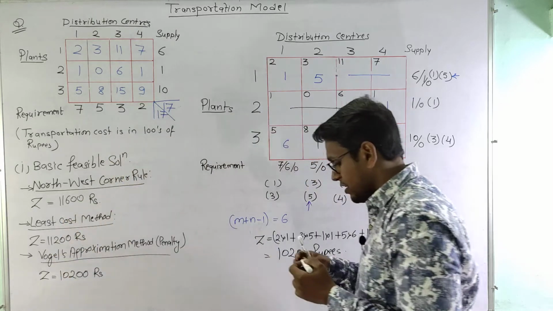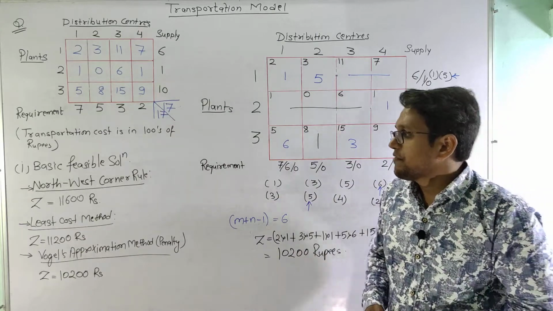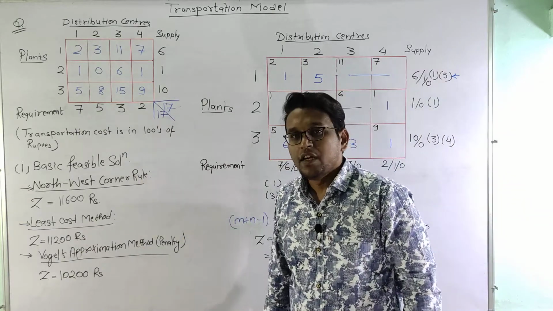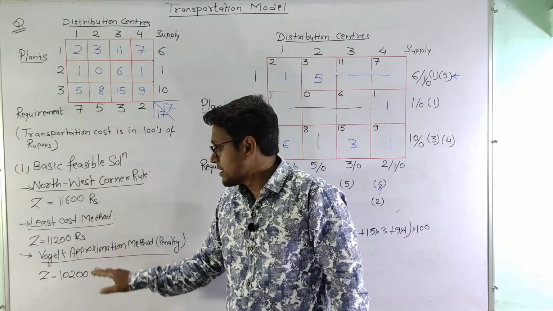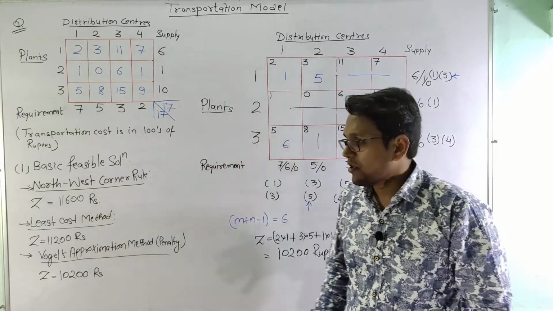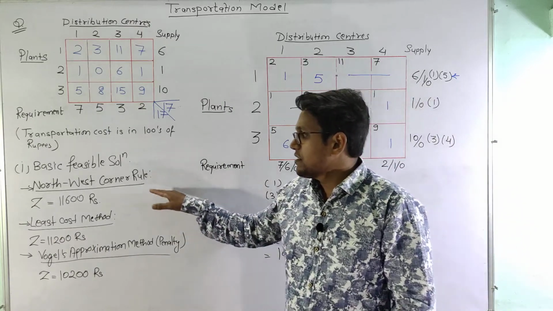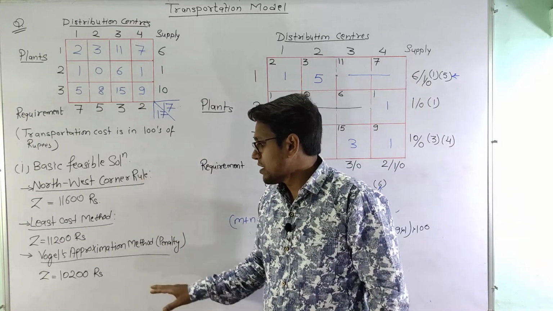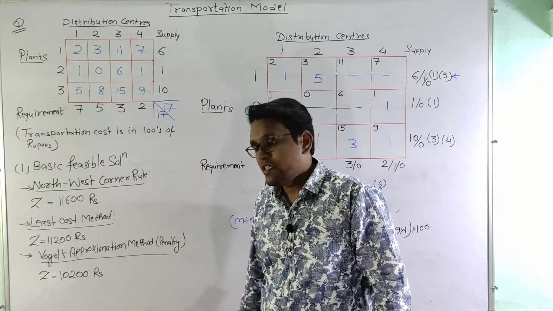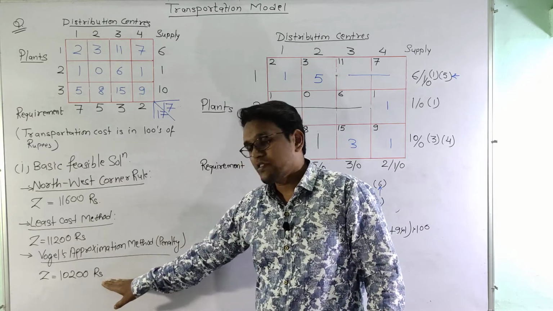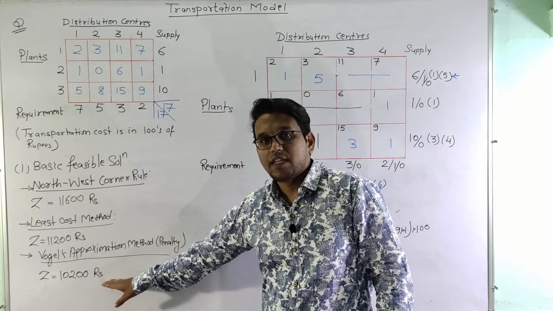So as we can see here that for different methods we are obtaining different values of z, that means transportation cost. And we need to understand that among the three, the Vogel's approximation or penalty method is giving us the lowest value of z.